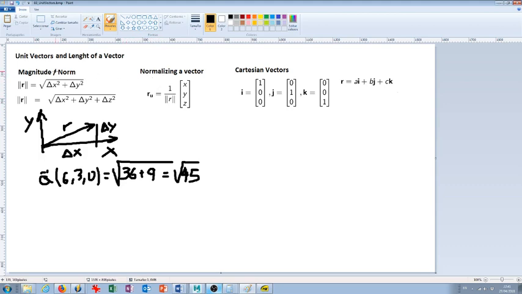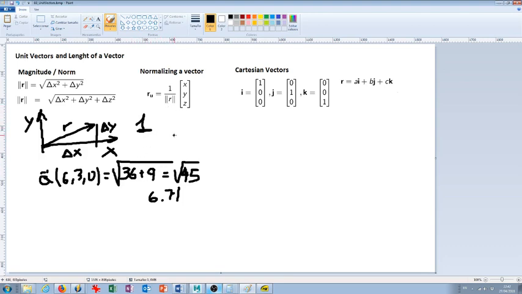So a unit vector, going back to the unit vectors, is a vector whose module is 1. This vector R, its magnitude is not 1, it's the square root of 45, that is 6.71.